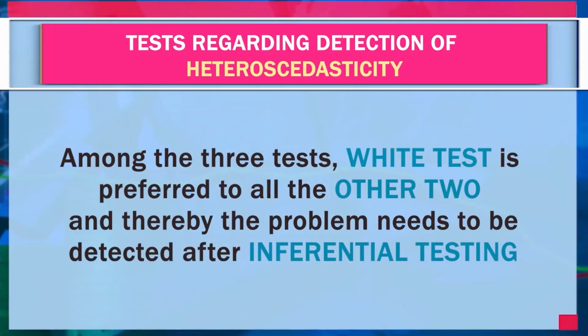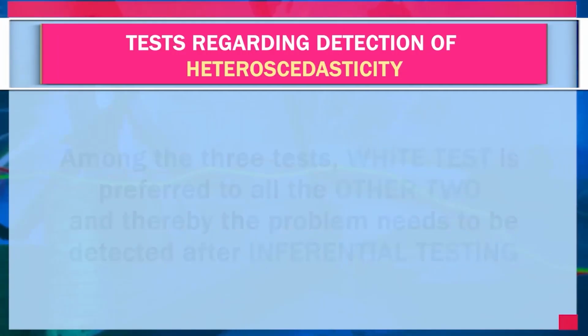And also in the White test, we go for a Lagrange multiplier test, which says whether the null hypothesis is accepted or rejected. So among the three tests, the White test is preferred to the other two, and thereby the problem needs to be detected after inferential testing.